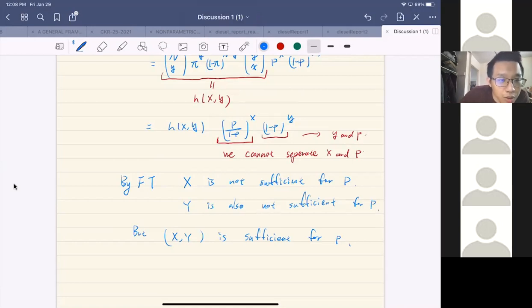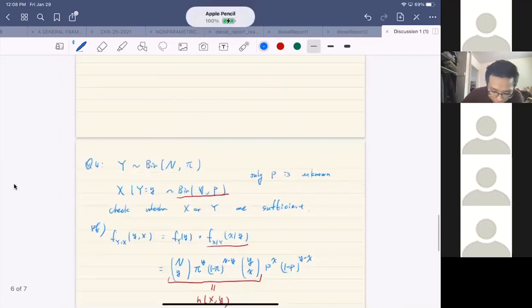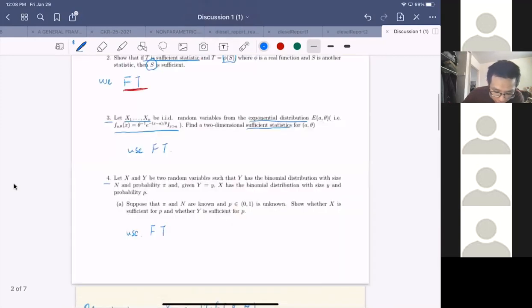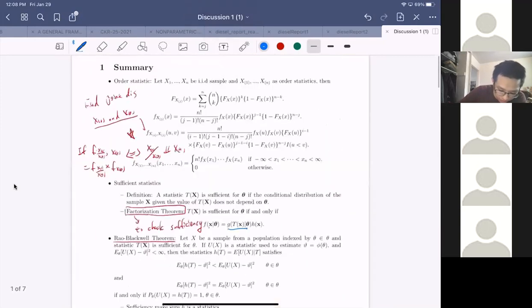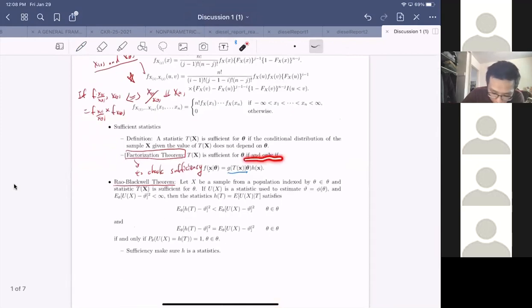Okay, any questions? So basically, for the sufficiency questions, you have to use the factorization theorem. This one is an if and only if, so it is very useful to find a sufficient statistic.